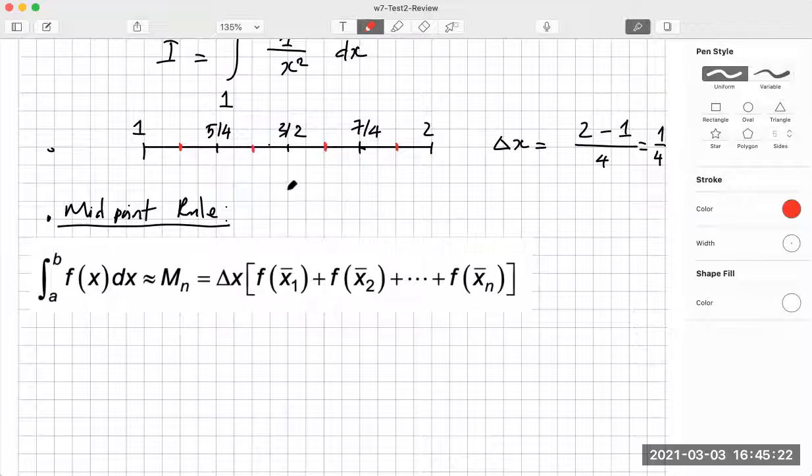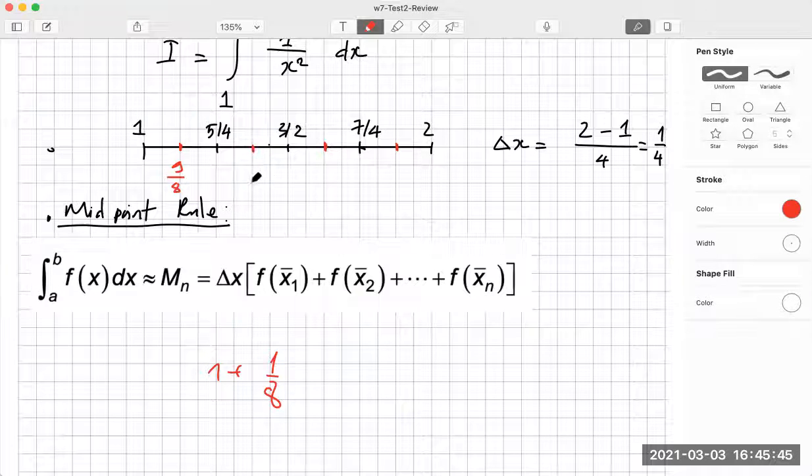What are they? So here is 1 plus 1 over 8. It will be 9 over 8, okay?